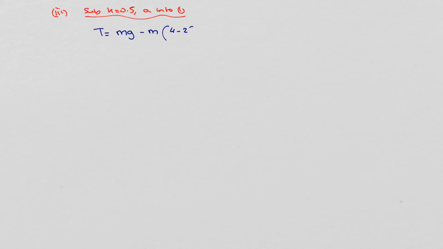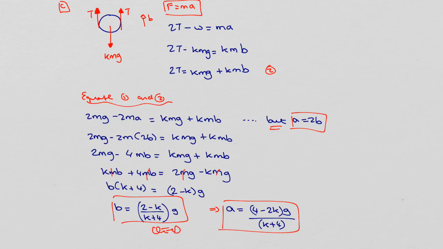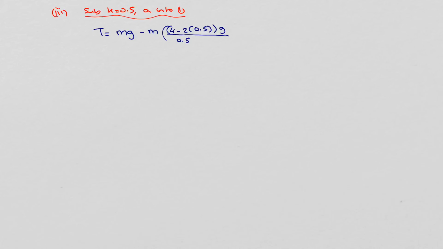So 4 minus 2 times k, which is 0.5, times g, and that's all over k plus 4, so that's 0.5 plus 4. So by simplifying that, we get mg minus, so 4 minus 1 times g is 3g, so that's going to be minus 3mg on the top, and then on the bottom it's 4.5.